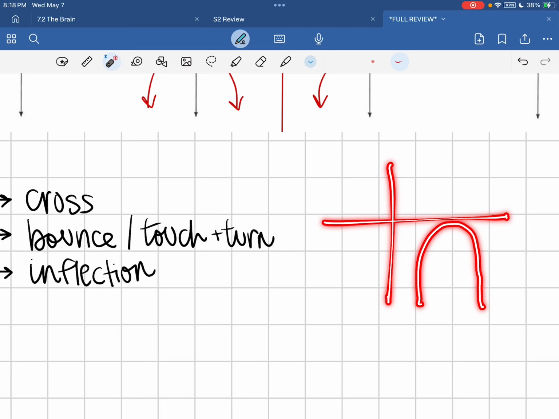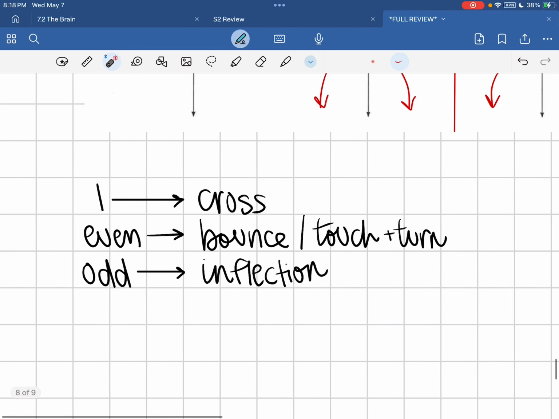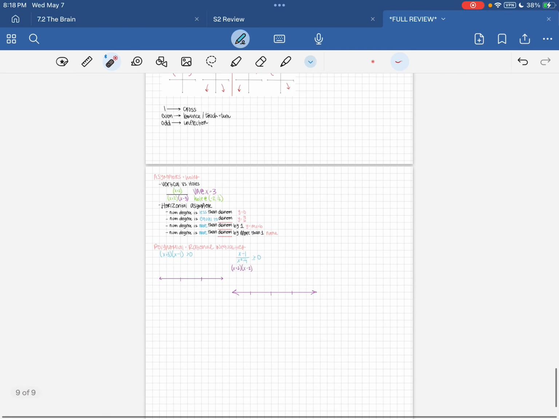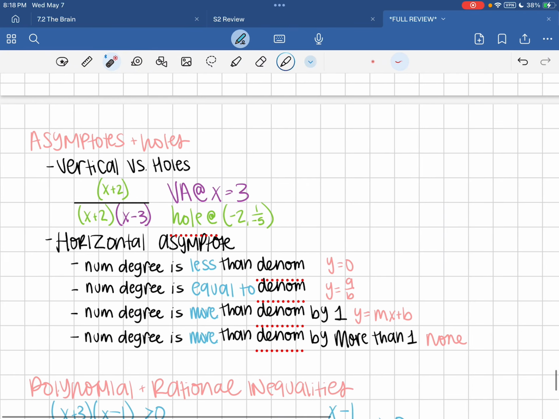Where it just touches and turns right back down. And then lastly, for odd ones, these are inflections. So instead of just crossing like 1, it's going to cross, but it's going to inflect like that.